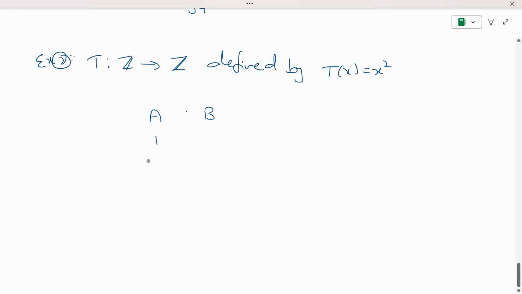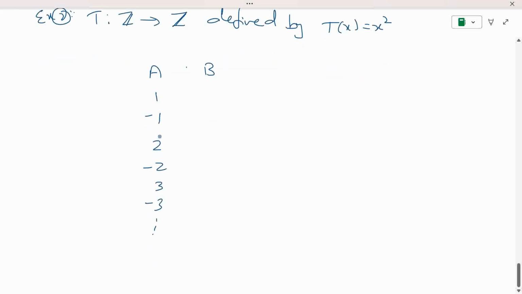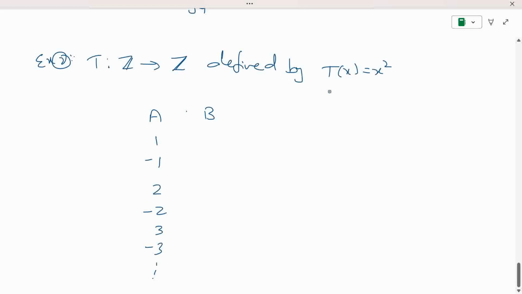So 1, -1, 2, 3, -3. I'm just writing in sequence, just for mapping convenience. On this side, as it is integers, we also have positive and negative.